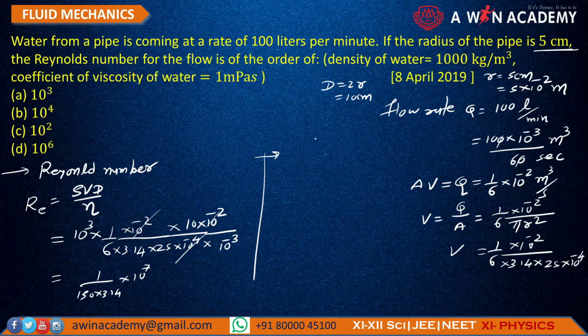If we solve this, then we will get 2 into 10 raised to 4 something answer. Then the correct option here is D. D is the correct option for this problem. Let's move on to another problem.